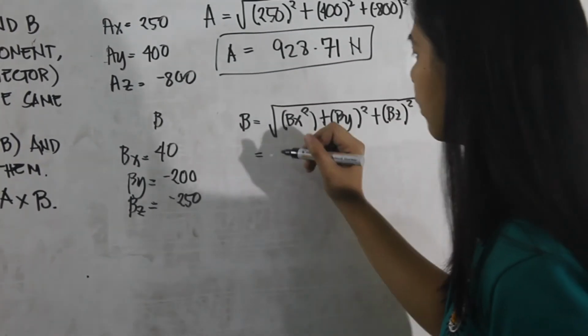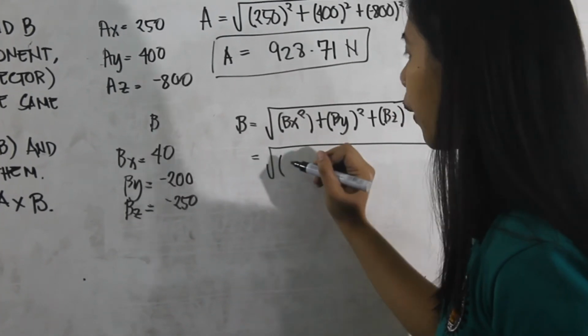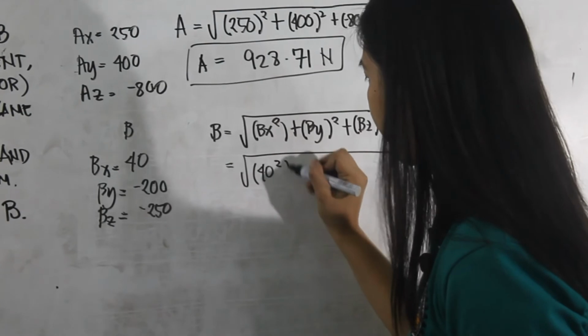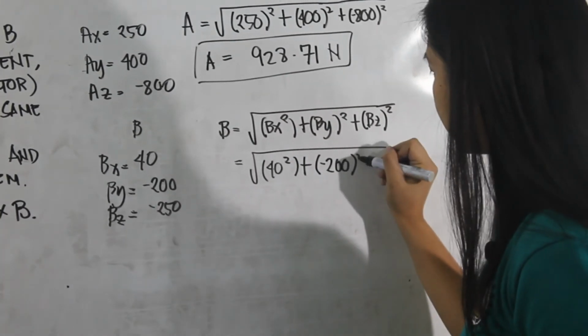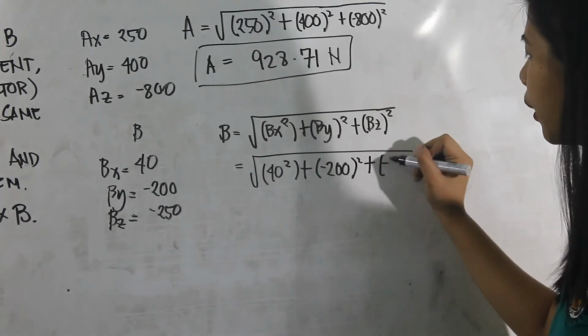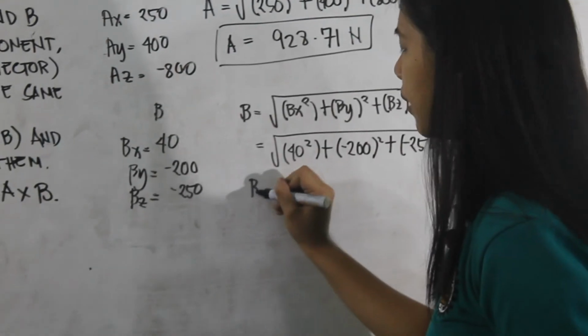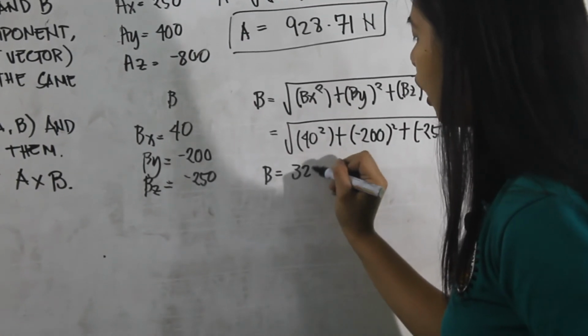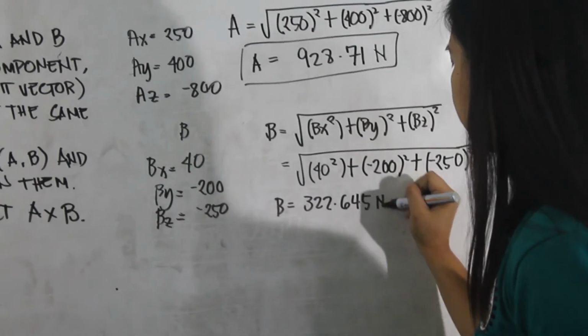Just substitute the given: the square root of 40 squared plus negative 200 squared plus negative 250 squared. And our B will be 322.645 Newton.